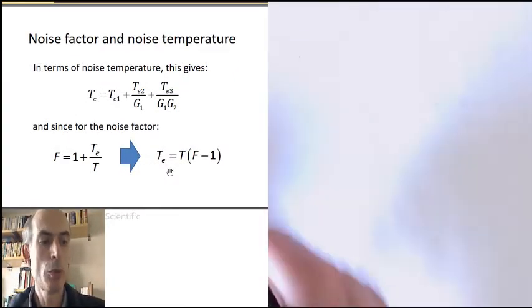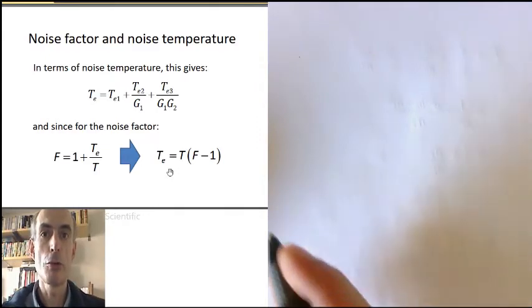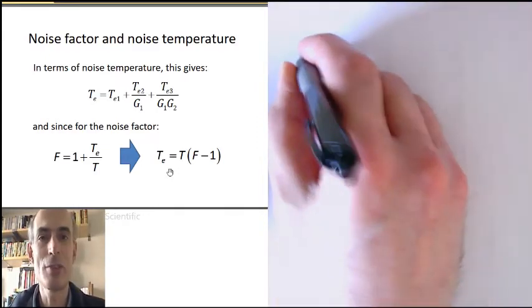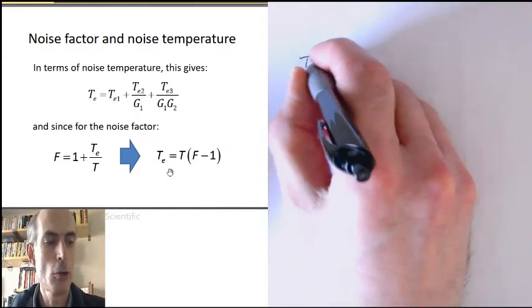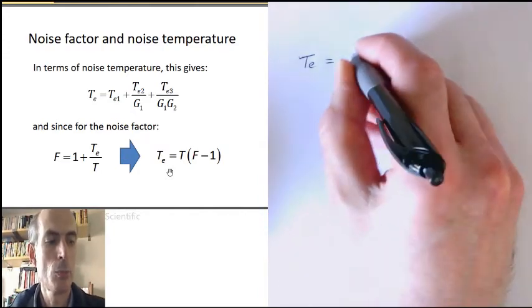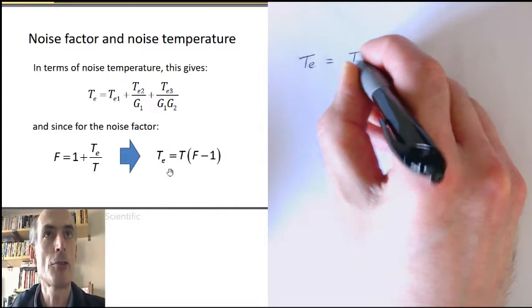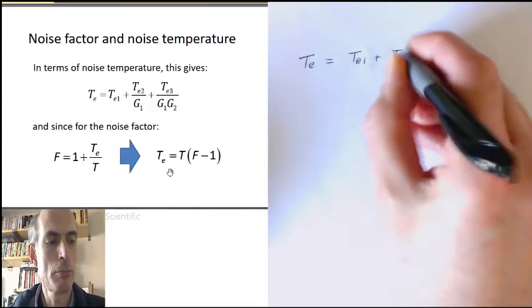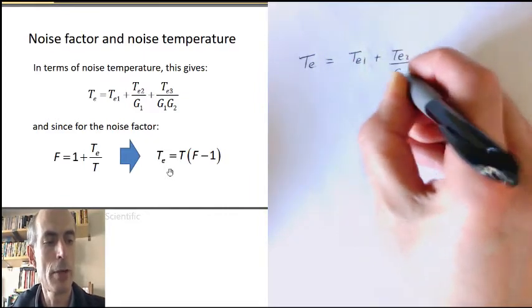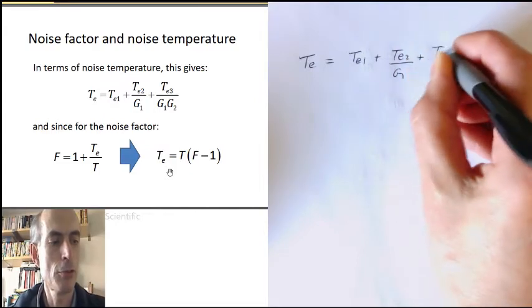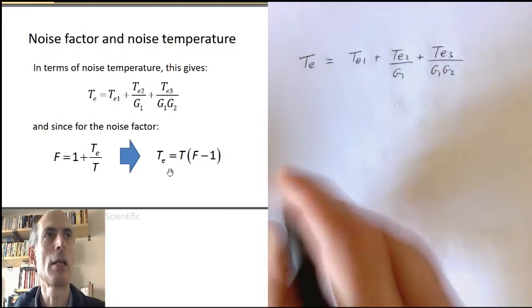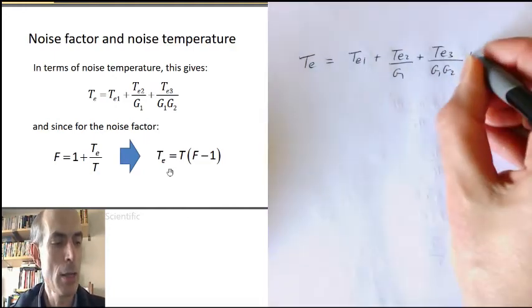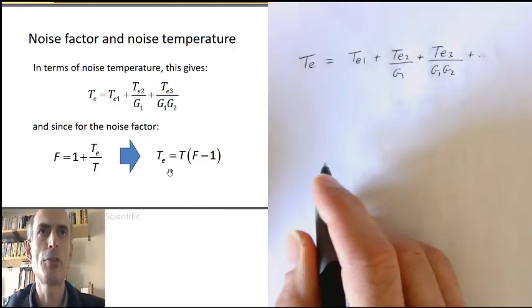Last time, we derived a version of the equation for the noise performance of a multiple stage amplifier in terms of its noise temperature. The total equivalent noise temperature was the noise temperature of the first stage plus the noise temperature of the second stage divided by the gain of the first stage plus the noise temperature of the third stage divided by the product of the gains of the first 2 stages, and so on if there are more than 3 stages.